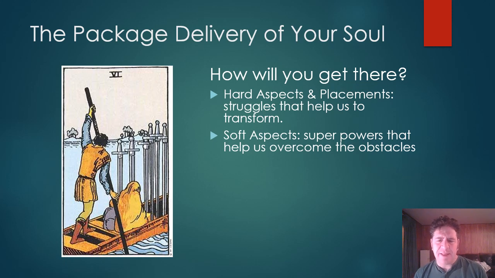And then we want to look at the soft aspects that are our superpowers: your trines, your sextiles, your quintiles. Also soft placements, such as planets in their rulerships or their dignities, are dominant, powerful planets that give us the strength and talents to overcome those obstacles.